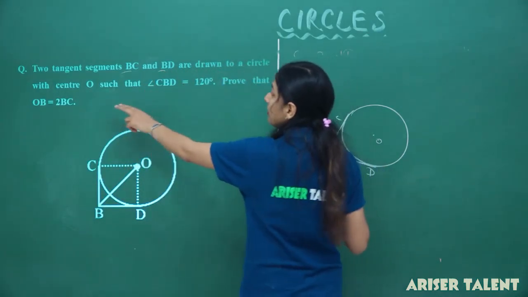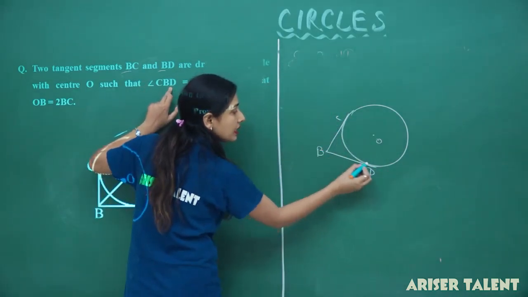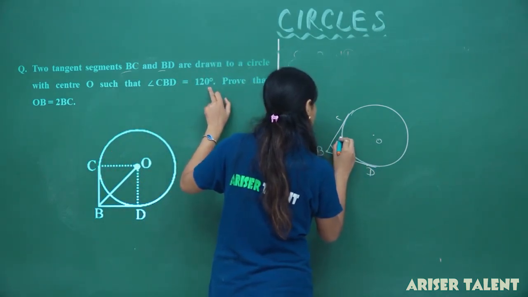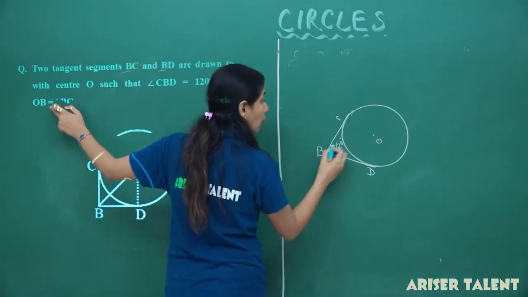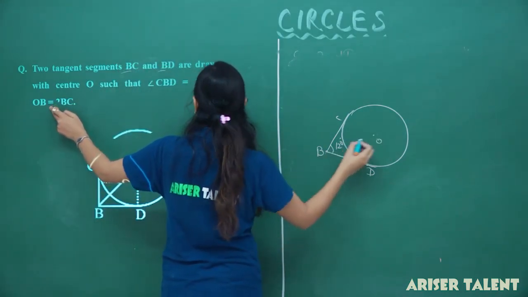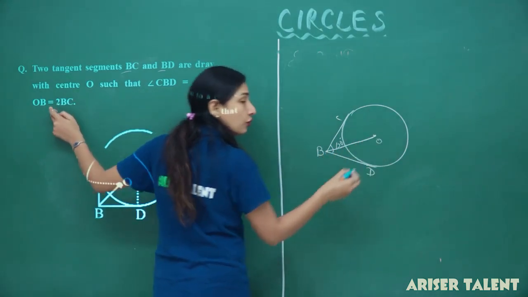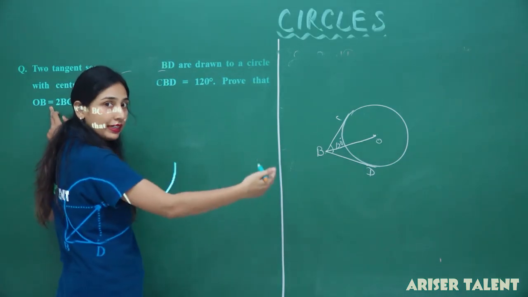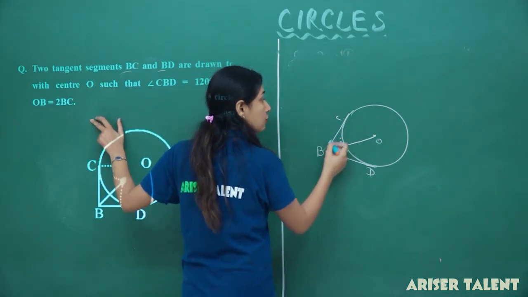Are drawn to a circle with center O such that angle CBD, this angle, equals what? 120 degree. Prove that OB equals 2BC.